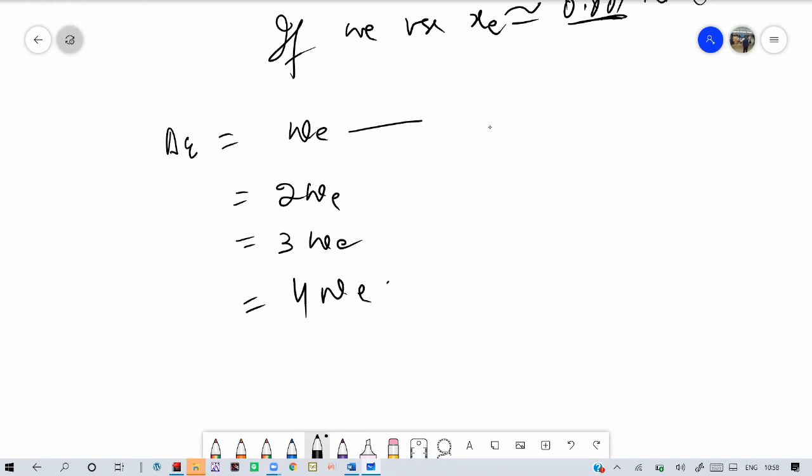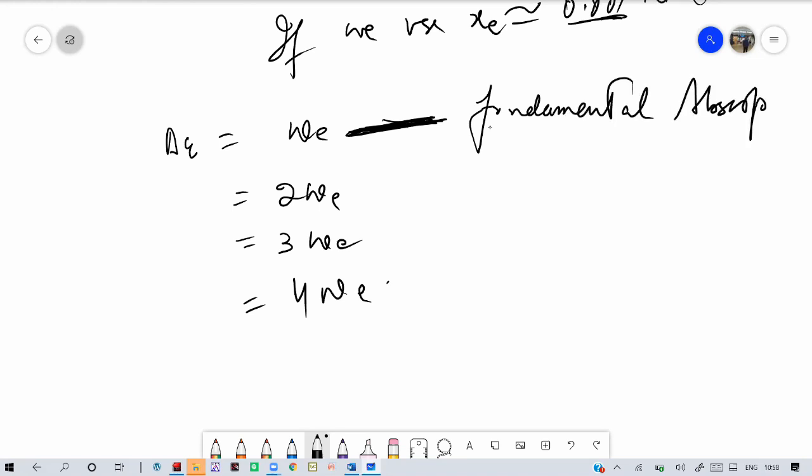And this line omega e, which corresponds to 0 to 1, has a maximum probability, and it is called the fundamental absorption.